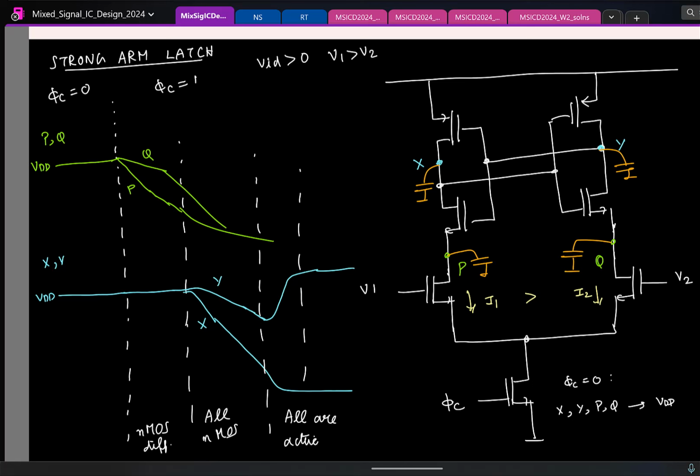In fact, this is amplifying, because if you look at the nodes P and Q, initially they were equal, and as time progresses, the difference between them keeps increasing. So this is actually an amplifier. We will come to this later. In switch capacitor circuits we use this kind of amplification.